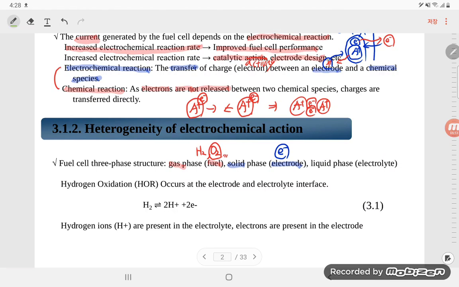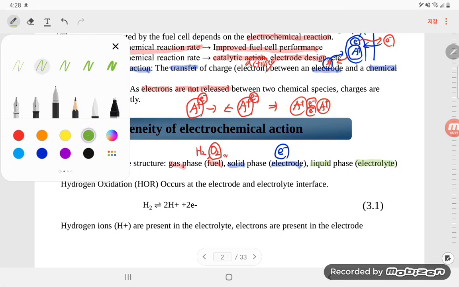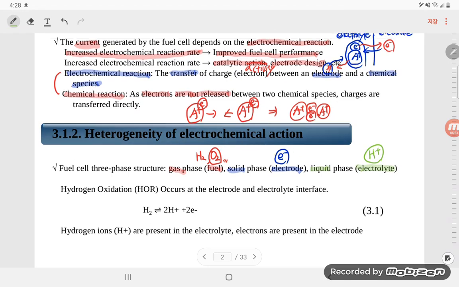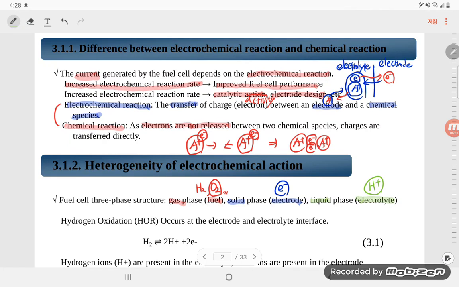And the liquid phase means the electrolyte, and in the electrolyte the proton or ion can move through it. So if they meet together only at the interface between electrolyte and electrode, they can generate water molecules.